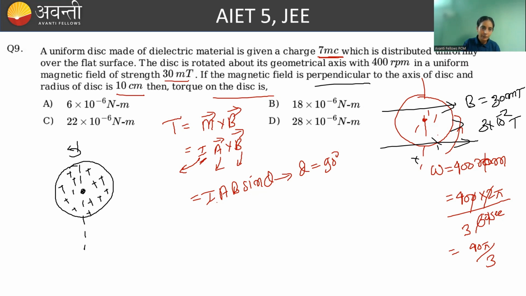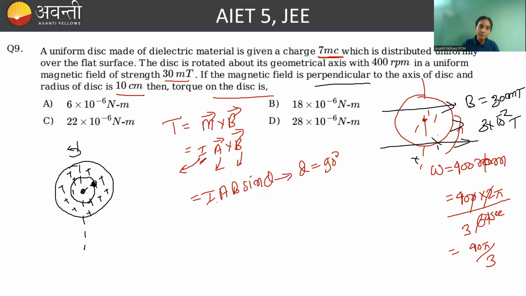If you take this charge, then this charge is going in a circle of this radius. Again, we have studied in circular motion that if a disk is going in circular motion, because it's rotating like this, it is going in a circle.